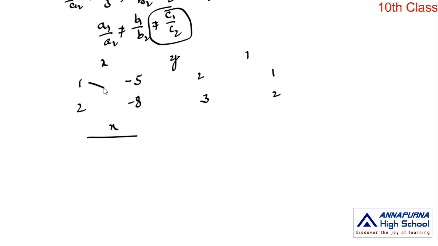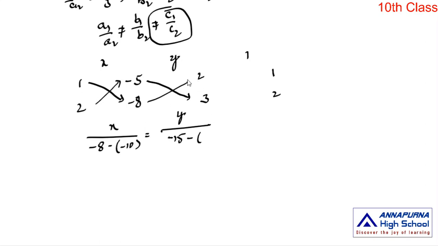Okay, now x by cross multiplication, multiply this one to this one: 1 into minus 8 minus of 2 into minus 5, minus 10, is equal to y by, multiply these two: minus 5 into 3, minus 15, minus of 2 into minus 8, minus 16, is equal to 1 by 2 into 2, 4, minus 3 into 1.